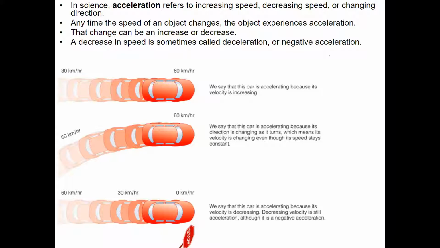So the change in speed means a positive integer, meaning you can go faster, or a negative integer, which would be like slowing down on the brakes in a car, or turning left or right, or if you're in an aircraft, up, down, barrels, that type of stuff. That's what that means.